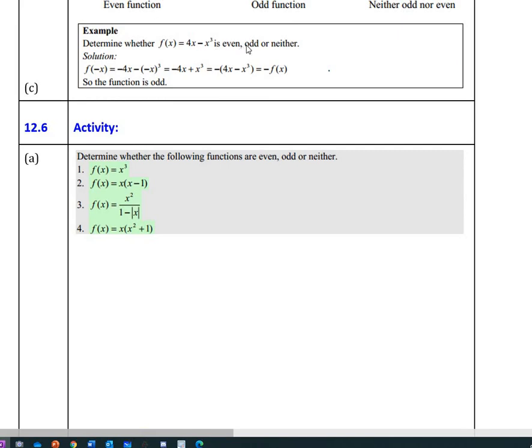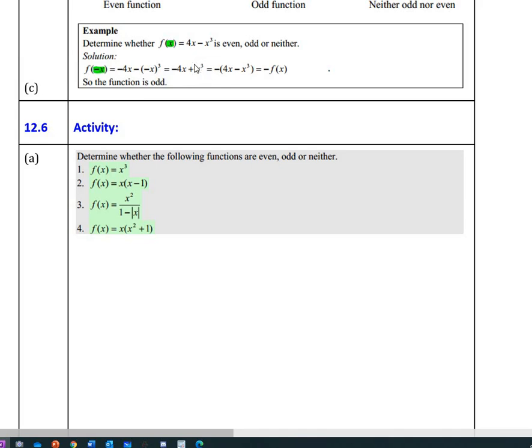Determine whether this is even, odd, or neither. So what you do is you take the function and you swap the x for negative x. We just work it out. Be careful, keep brackets. I want you also in the symmetry to use your brackets. Be careful of all these negative signs and then see what happens.